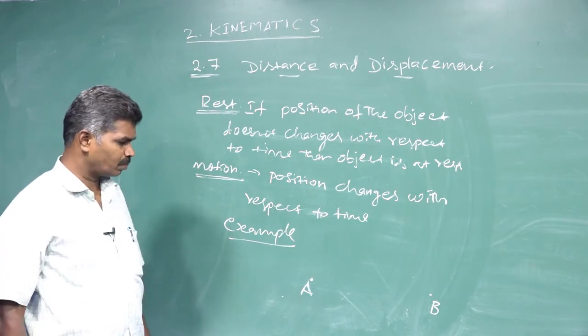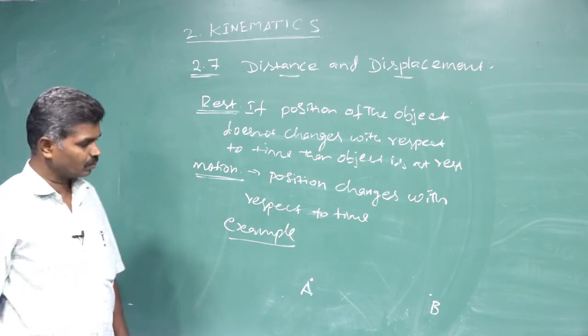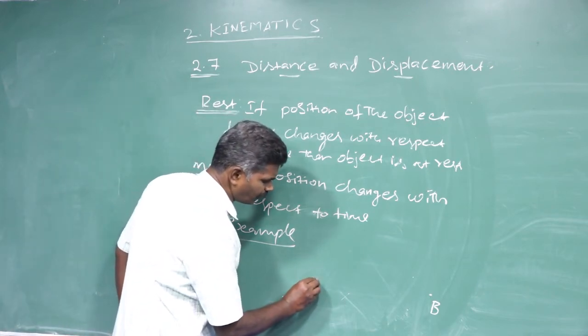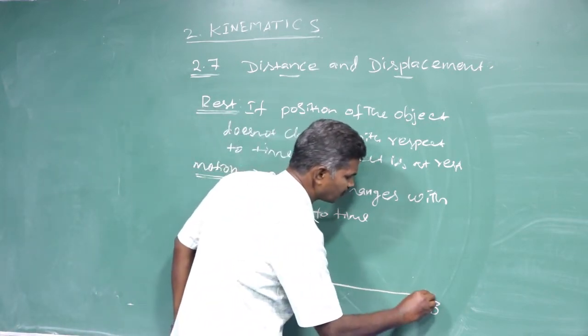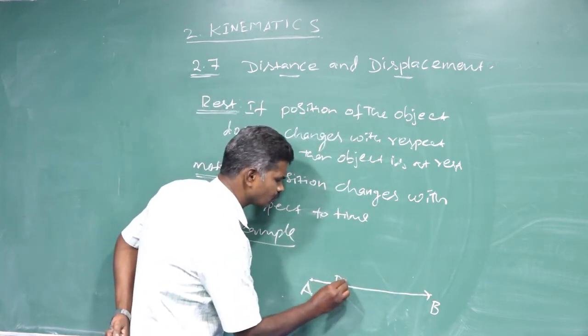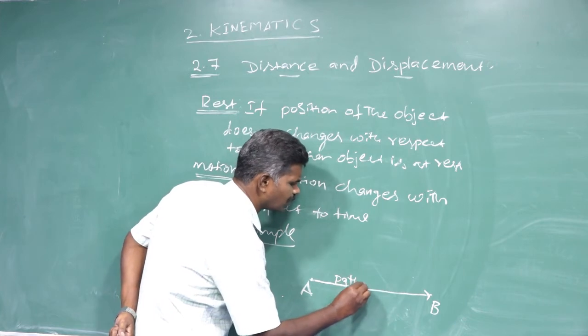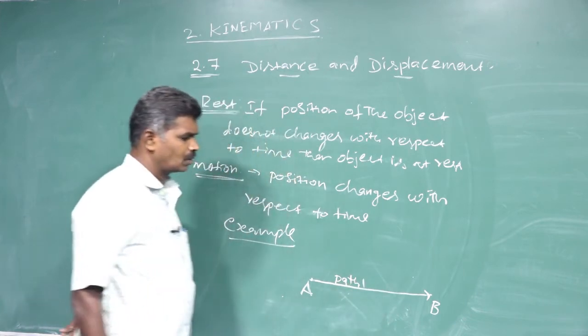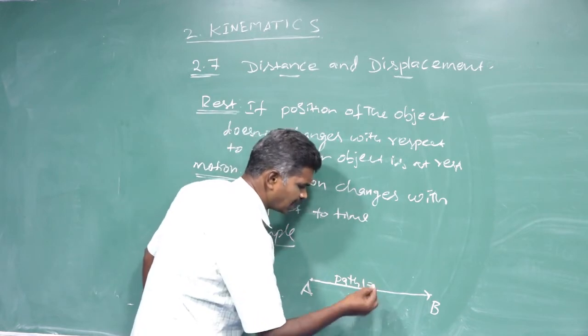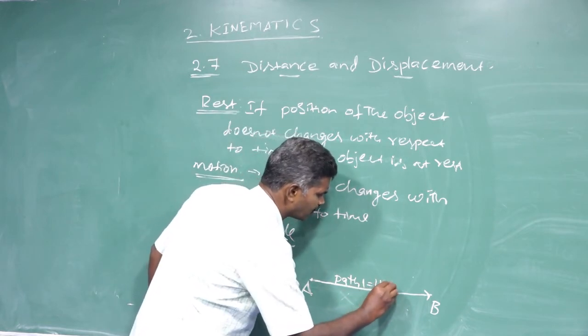If he wants to move directly from place A to B, that may be taken as path 1. Its length may be, for example, 1 kilometer.